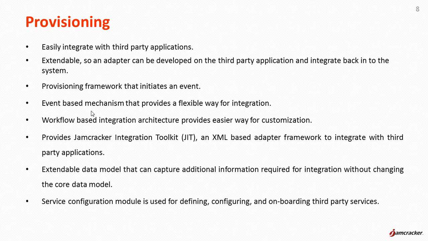Additionally, if someone wants to capture any additional information, it is very easy because the extensible data model allows us to include your own parameters, like your employee ID. If you generate your own employee ID for an employee, that can be accommodated by having this kind of framework.